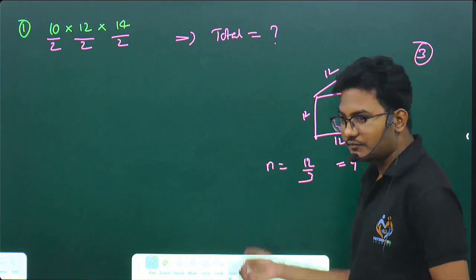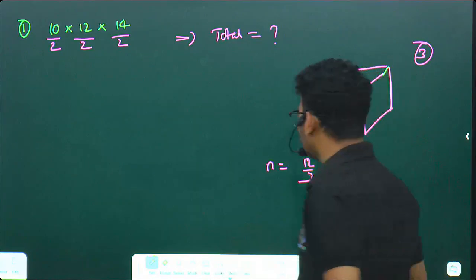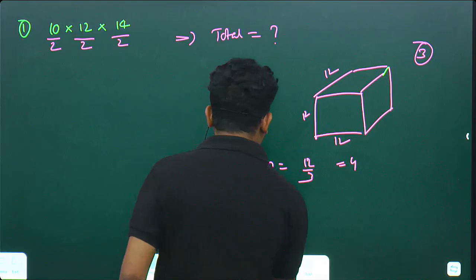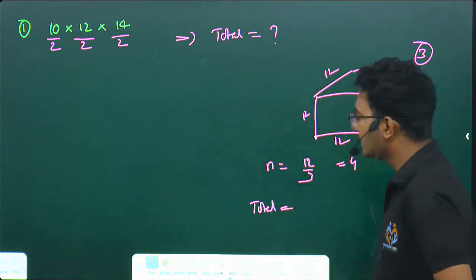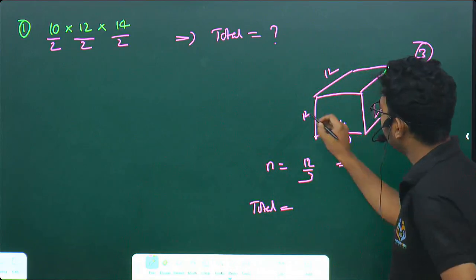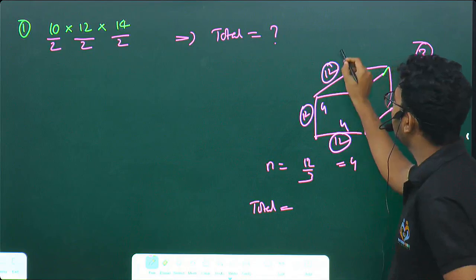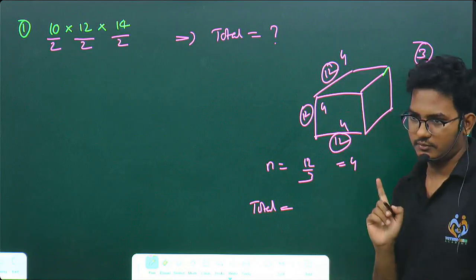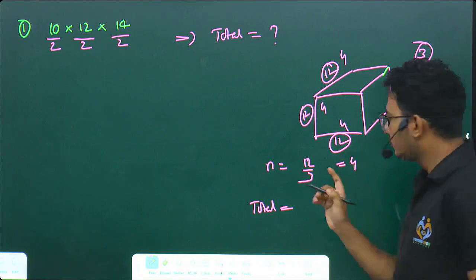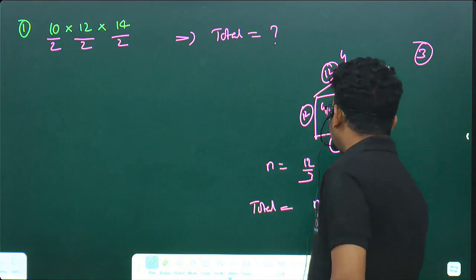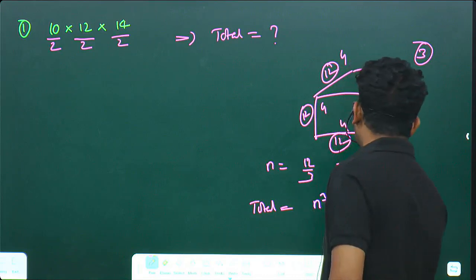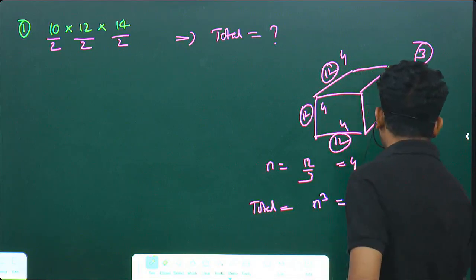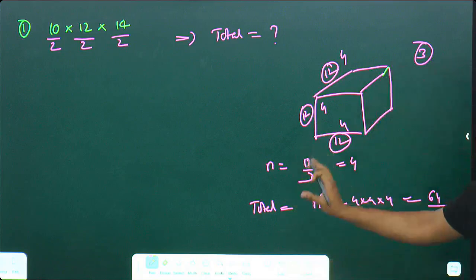If I ask for the total number of cubes, you'll get 4 along each edge. Those three fours you'll multiply, which is n cube, 4 into 4 into 4, which is 64. This is how you'll give me the answer.